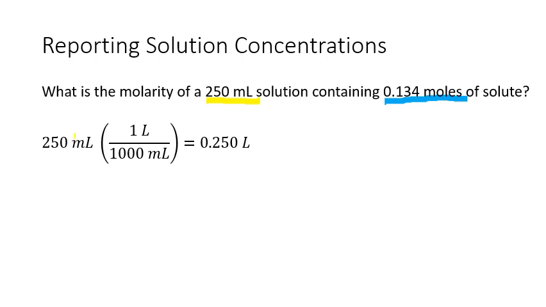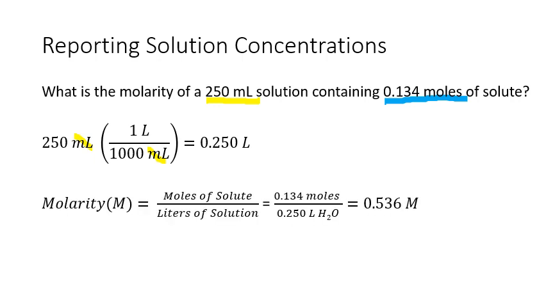That way the milliliters up here cancel out with the milliliters down here, and only the liters is left. So it turns out we have 0.134 moles divided by 0.250 liters. So in this case, the concentration is 0.536 moles per liter for this sample.